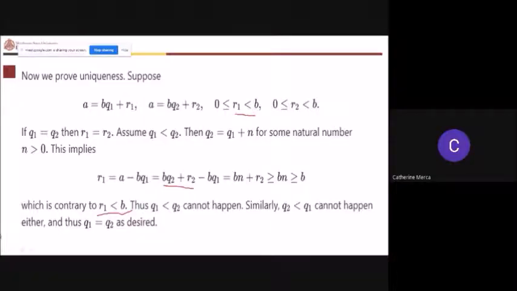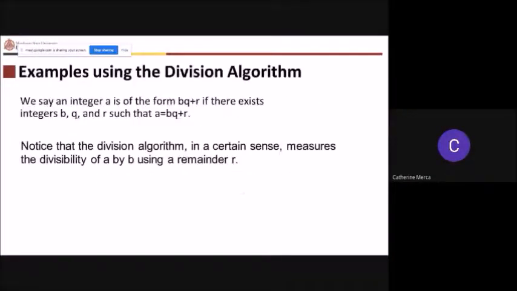This theorem, the division algorithm theorem, is best studied making use of an example. So you have an integer A, which is of the form BQ plus R. There exist integers Q and R such that A equals BQ plus R. So, ang ibig sabihin lang ng division algorithm is that kung meron kayong integer, ma-express siya as a product of two quantities as long as this integer is greater than this quantity.